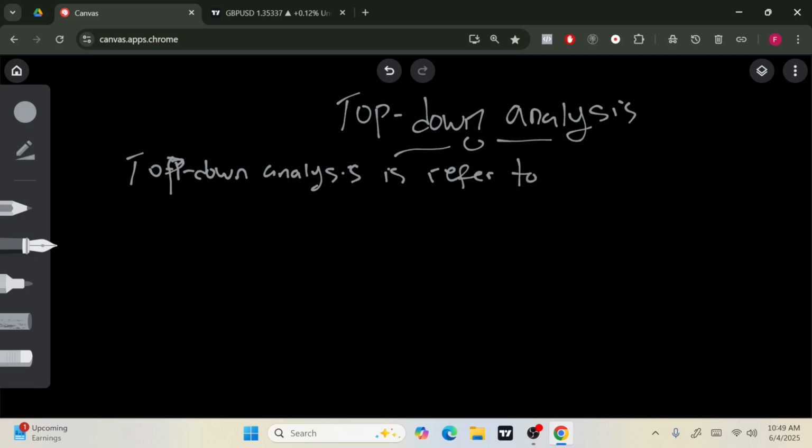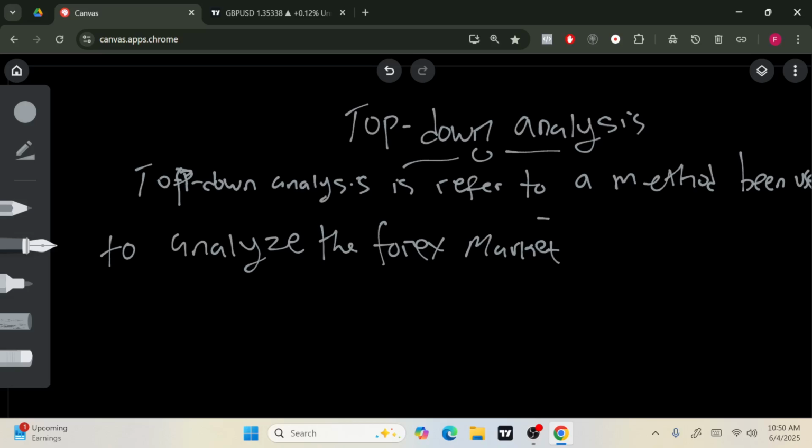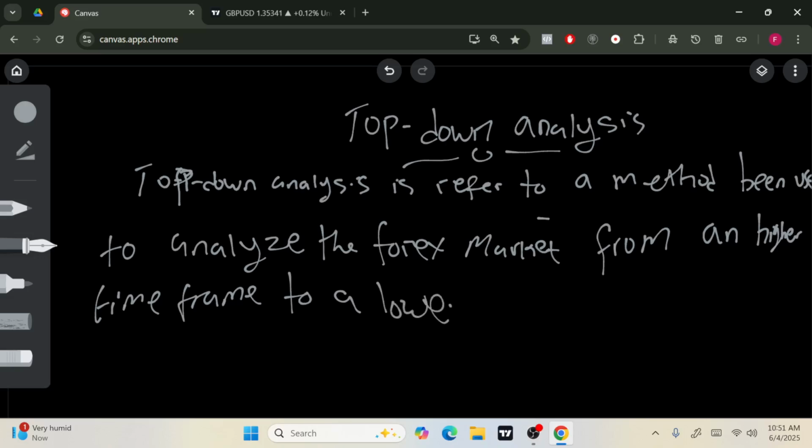Top-down analysis is referred to a method being used to analyze the forex market from a higher time frame to a lower time frame.